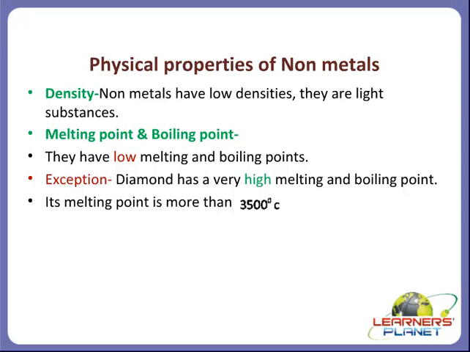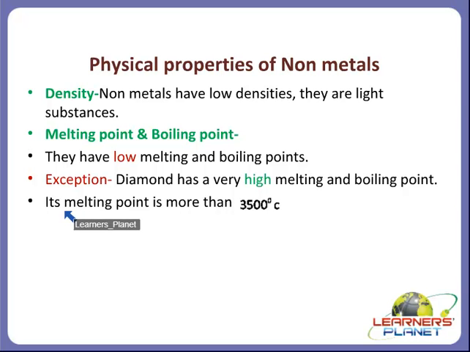Iodine, which is a solid, still has a lower melting point than metals. In metals, apart from intermolecular forces of attraction, strong metallic bonds are also present, whereas in non-metals those metallic bonds are not present, only intermolecular forces of attraction, right?